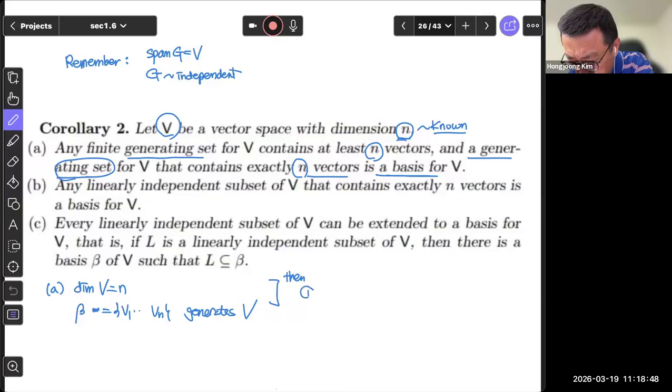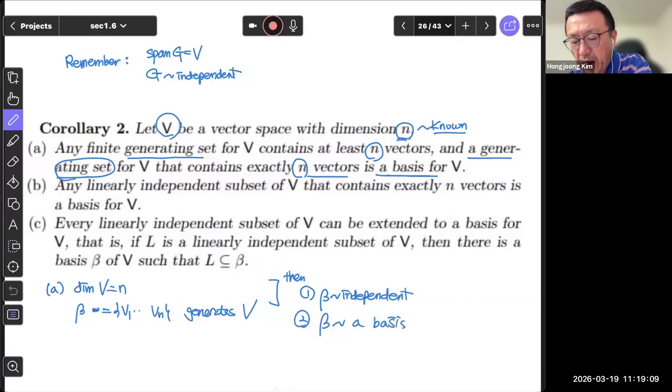First, this beta will be independent. And second, since this beta generates V space and it is linearly independent, beta will be a basis. So that is the claim of part A.